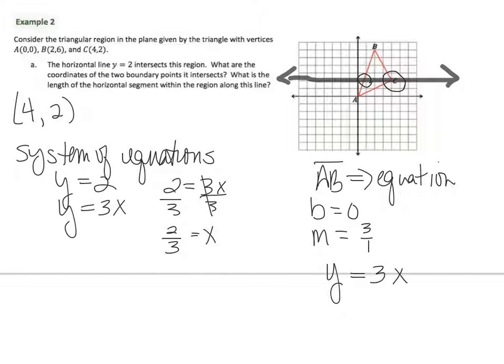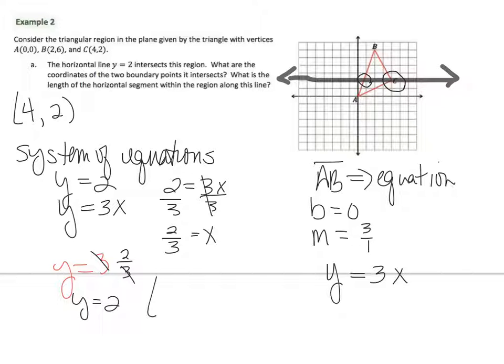To find the y value that's associated with that, I need to plug it back into an equation. Three times 2/3. Those cancel out, therefore y equals 2.